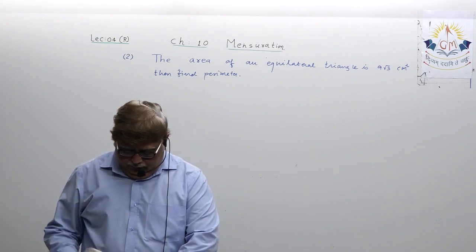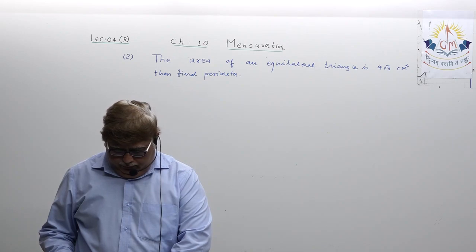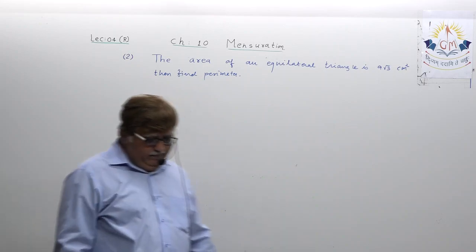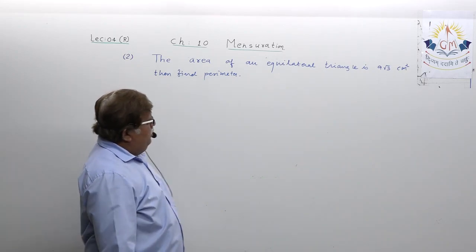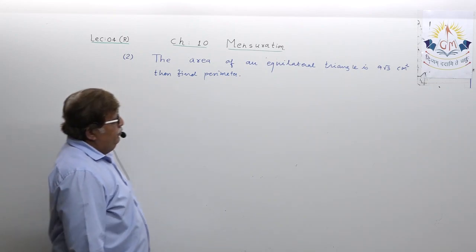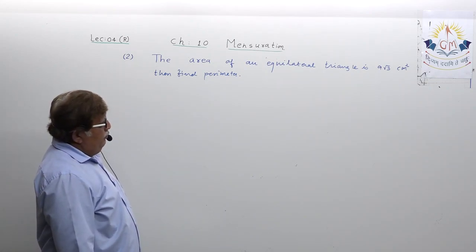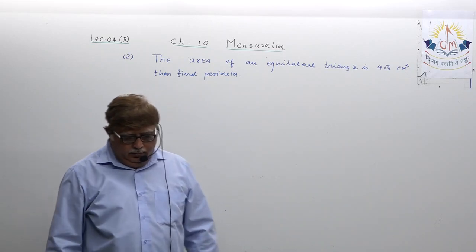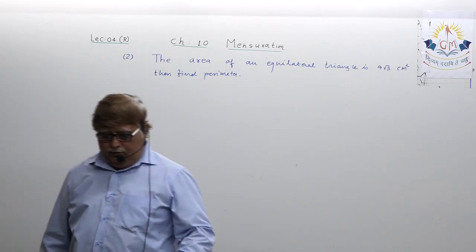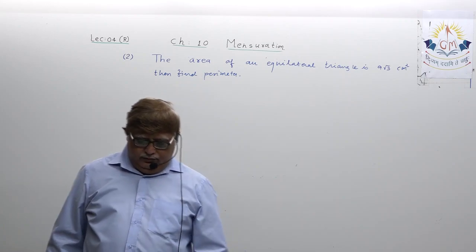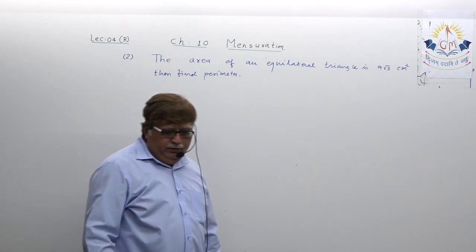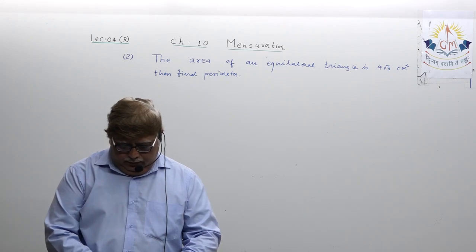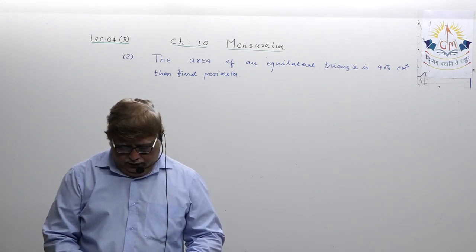Not so difficult if you have understood the concept properly. Area is 9 under root 3 square centimeter, and you are looking for the perimeter. Just 1 minute more, dear student, to solve. Then it's a simple question of verification.